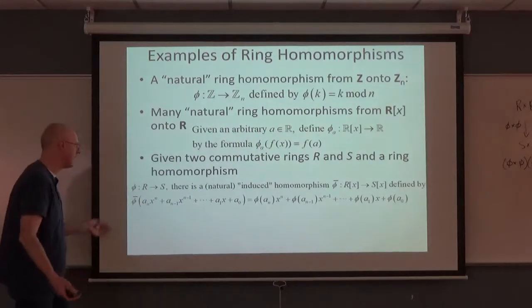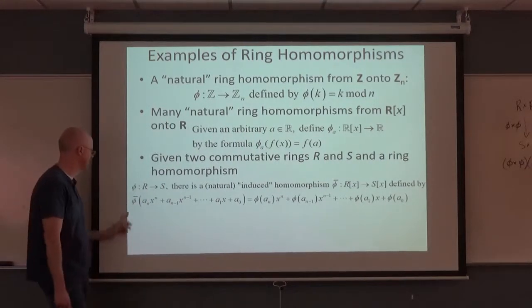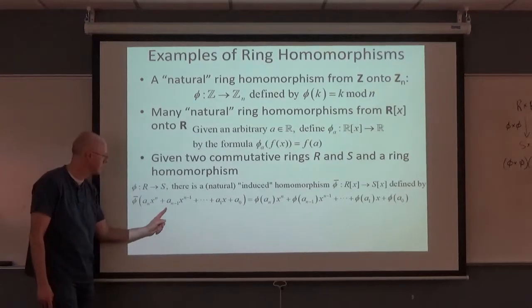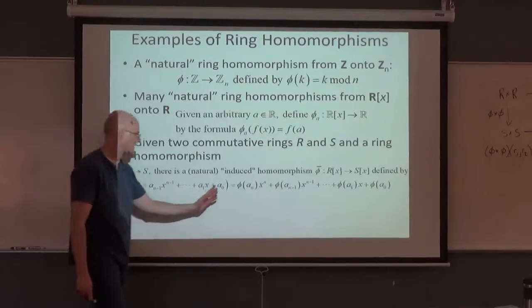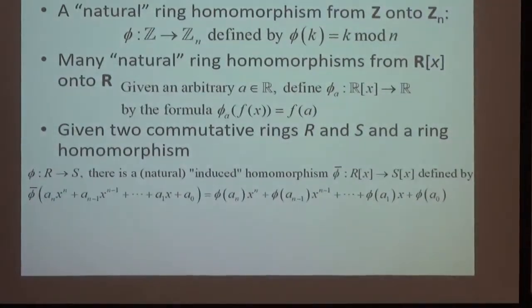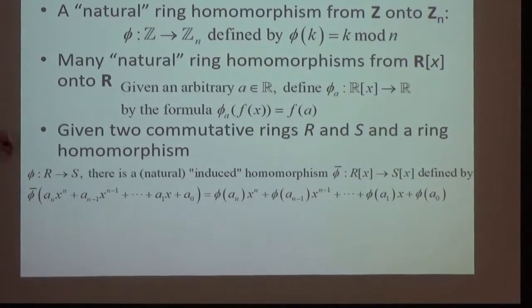You apply phi to all the coefficients. Phi bar applied to an arbitrary polynomial with coefficients in R is a new polynomial with the same degree, whose coefficients are coefficients in S. They are what the original coefficients get mapped to under phi.